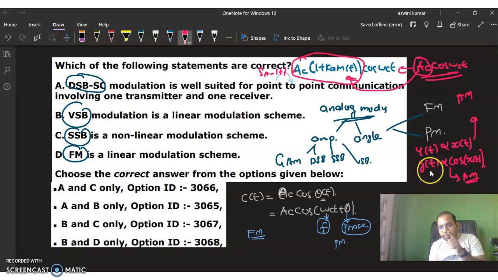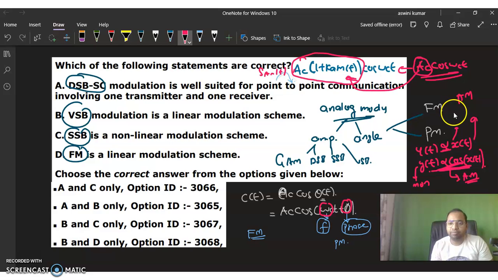That means the modulated signal and the message signal are related with respect to the cosine. Whatever parameters change with respect to the message signal within the cosine, this type of equation cannot be considered linear. These can be considered non-linear, and amplitude modulation types can be considered linear.